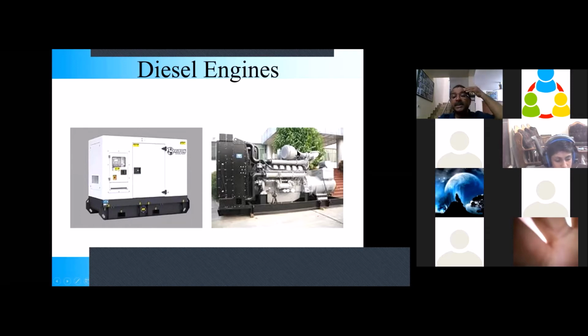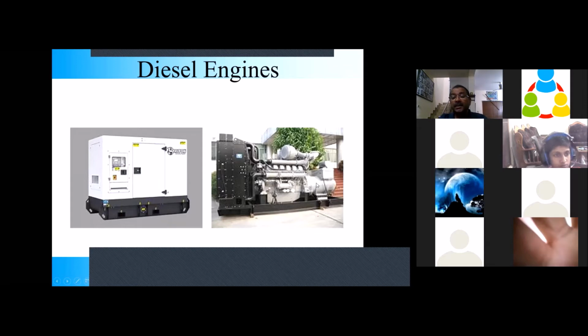And this portion is the radiator. For cooling the engine, there will be a radiator, and pipelines are there. Heated water will go one way, and cooled water will come back from this radiator.